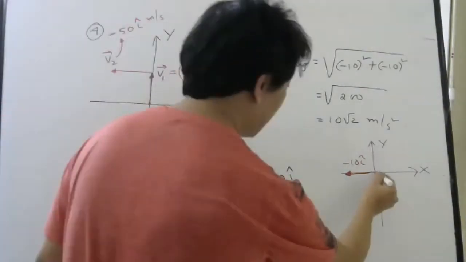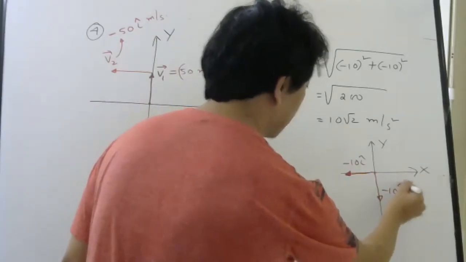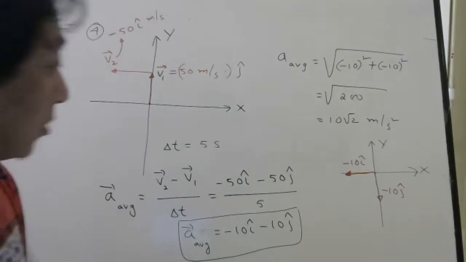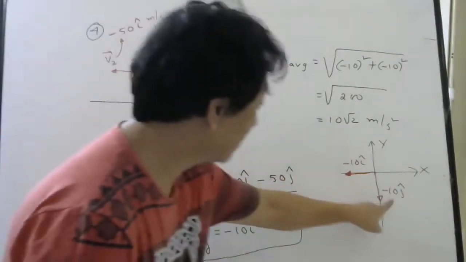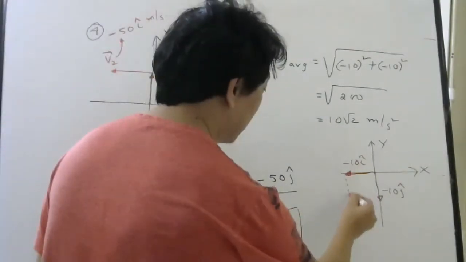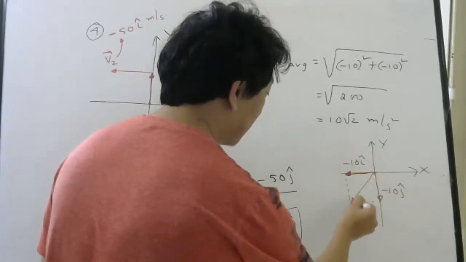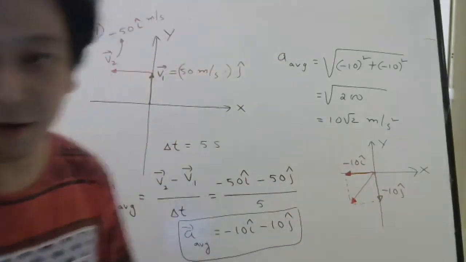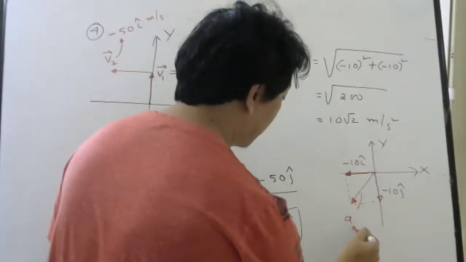So this is minus 10. Right? Yes or no? If you add these two, that will be your average acceleration. So it will be here, right? According to which law? Parallelogram law, you can say. So this is the direction of average acceleration.